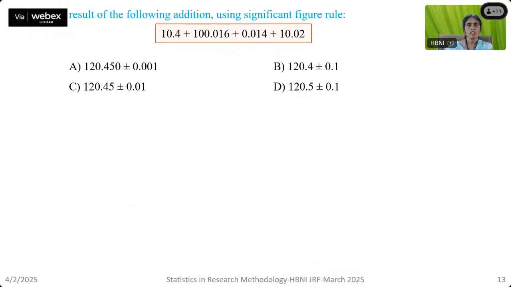These are some two or three examples for you to practice. All of you can quickly try to do this. There is one expression for summing the numerical values 10.4, 100.016, 0.014, and 10.02. As their uncertainty or standard deviation is not given here, you can do the mathematical operation, arrive at the result, and confirm the least significant figure.